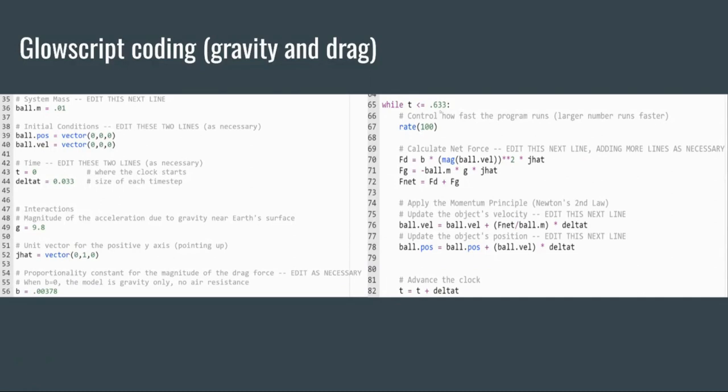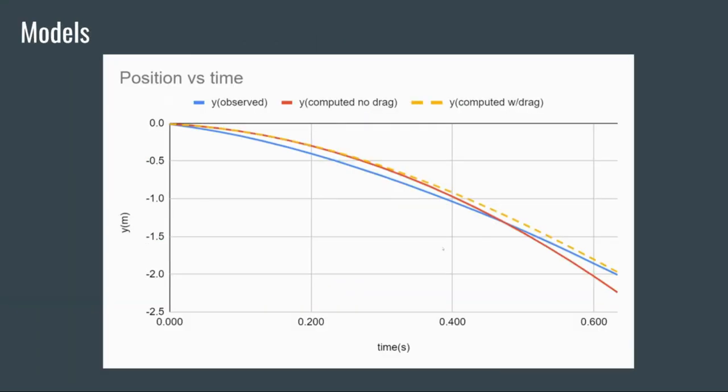We have our while loop set to the time less than or equal to. And we have a couple key differences here. So instead of just using our net force as the force of gravity, we are also going to consider the drag. And that's our formula there, the magnitude of velocity squared times b times our unit vector. And then here are the same formulas from earlier.